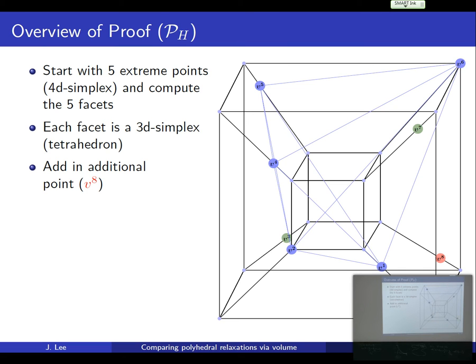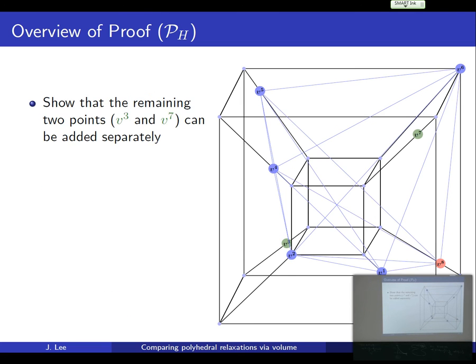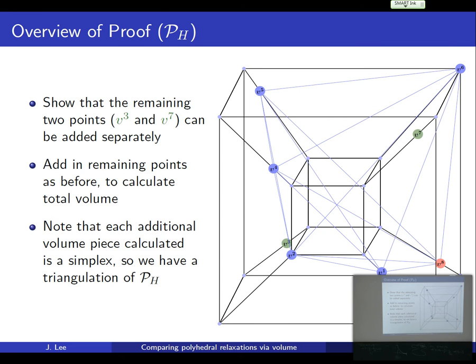So we have to figure out what that point sees. I'll get into the details of that in a very little bit. Lower bound getting close to upper bound. But you just keep repeating this, and you build a triangulation of the whole polytope this way. So that's really how you do it.